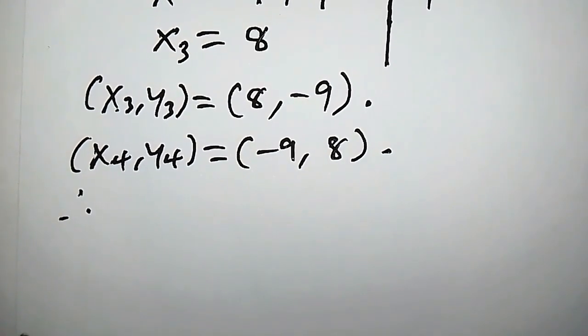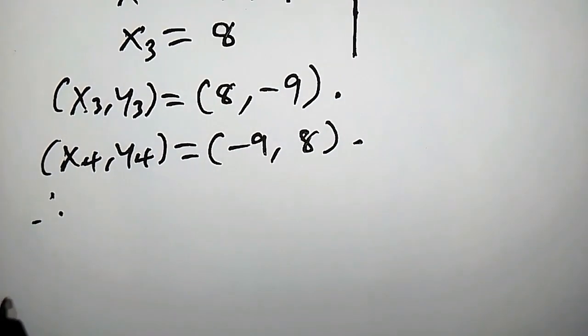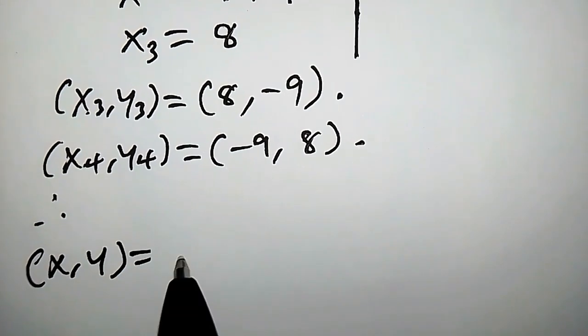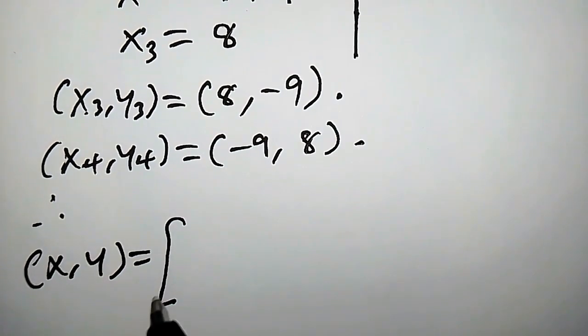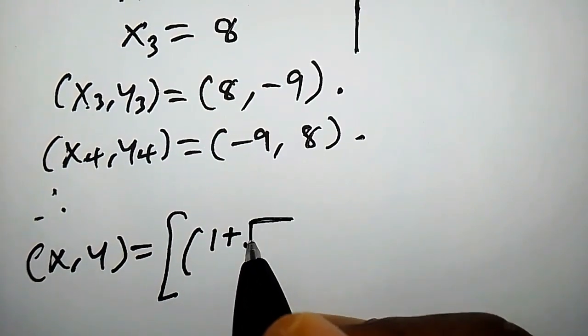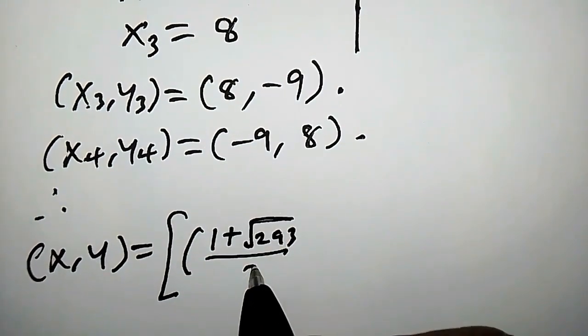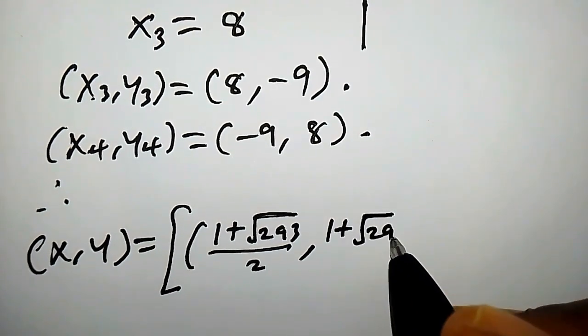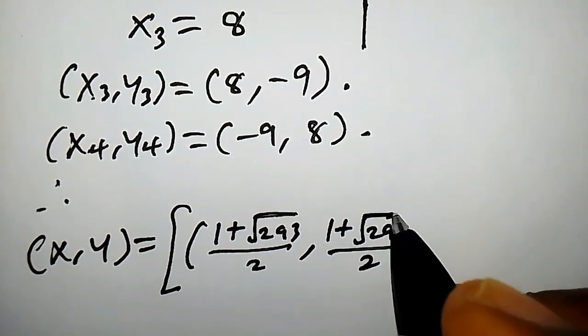Therefore, all the solutions that we have for this algebra problem, x, y, are: the first solution is 1 plus root 293 divided by 2, 1 plus root 293 divided by 2.